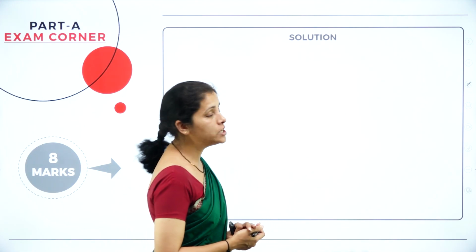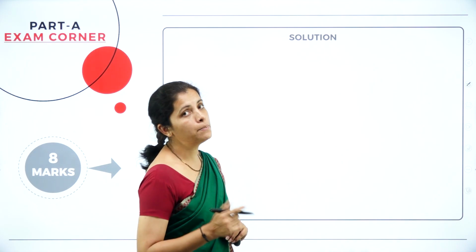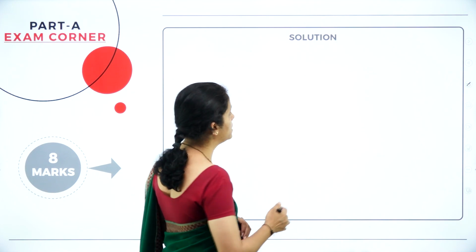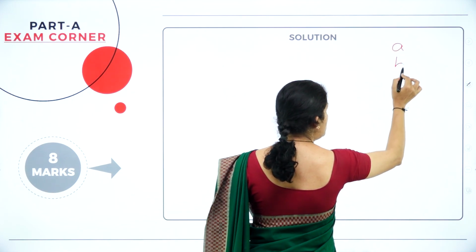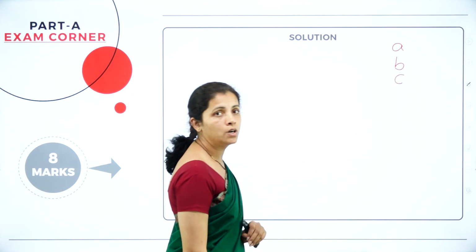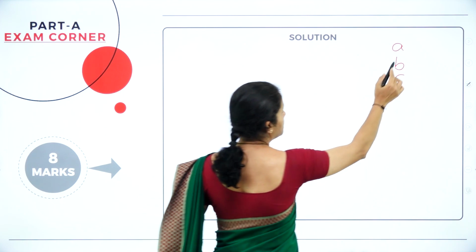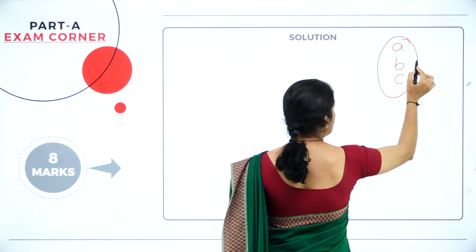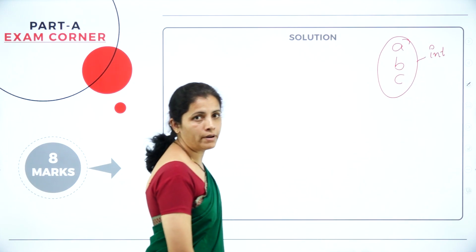Let me take A, B and C. These are the variables, and the kind of variable is integer.